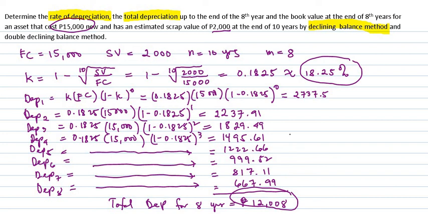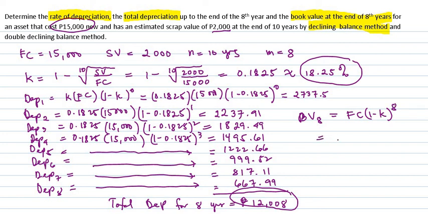Now how about the book value? We have here the book value at the end of 8 years. So when we solve the book value after 8 years, that is equivalent to the first cost times 1 minus k raised to m, 8 after m years.